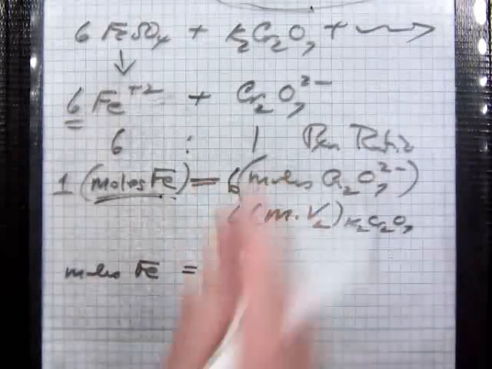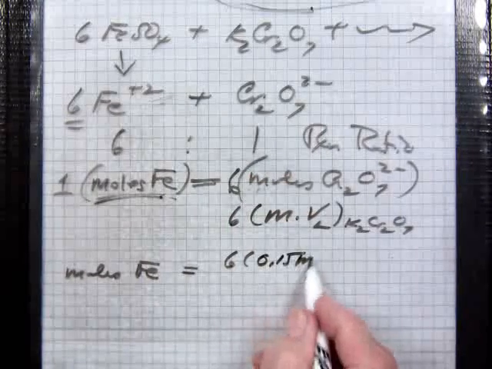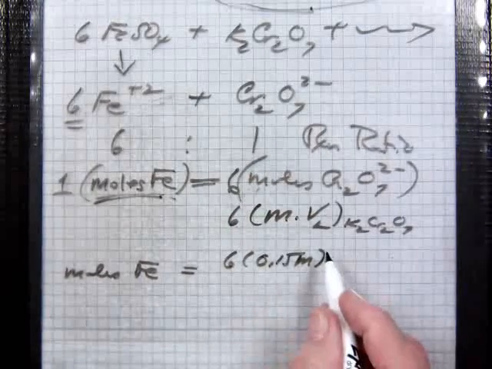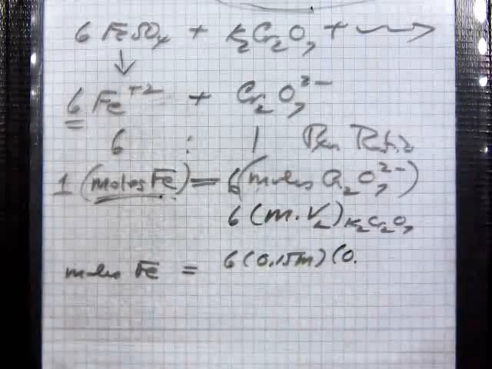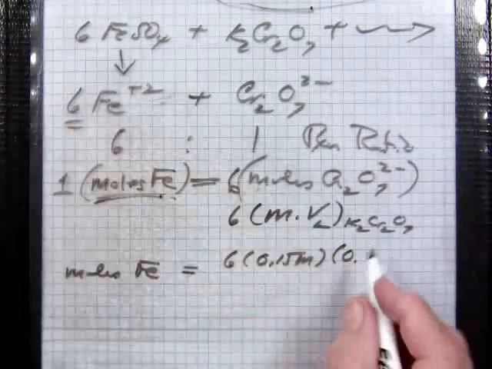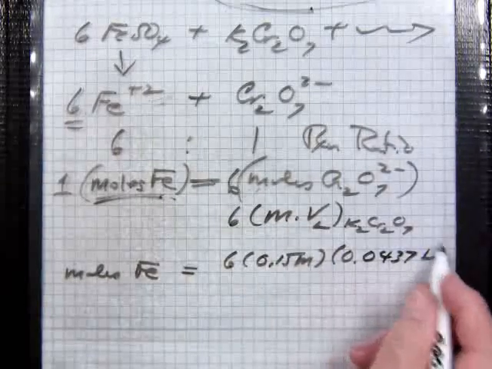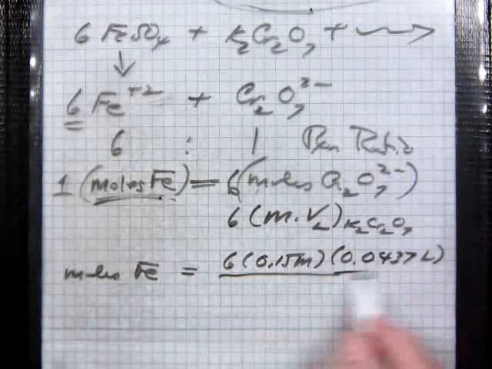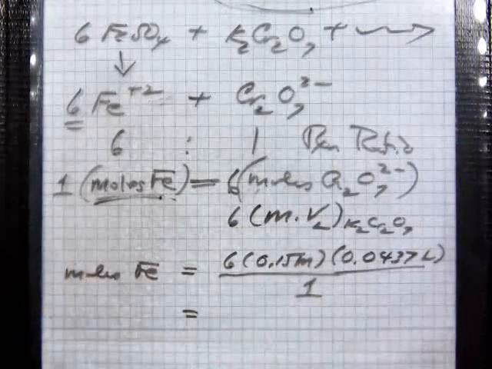The molarity was a 0.15 molar dichromate, and you use 43.7 mils. And since we don't have milliliters on both sides, we have to use liters here, 0.437 liters, and that's divided by, well, 1. Okay, so that makes life real easy for us.